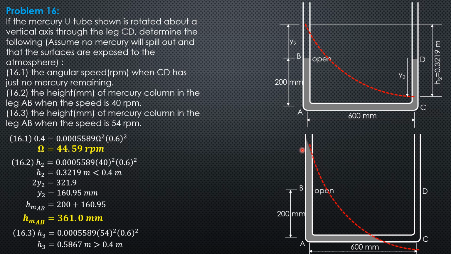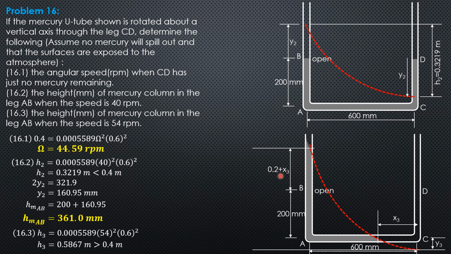So this is the figure. We will call this distance x3 and this one y3. The increase in mercury level from B is also 0.2 plus x3, which will transfer here.